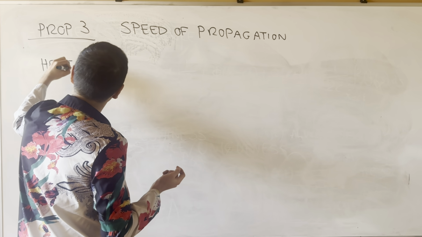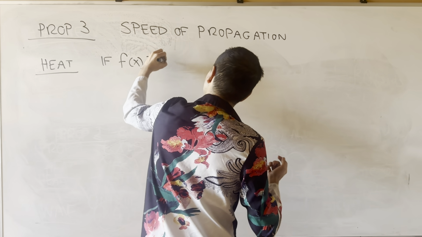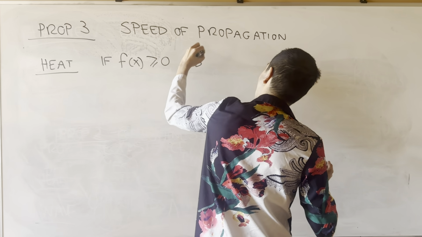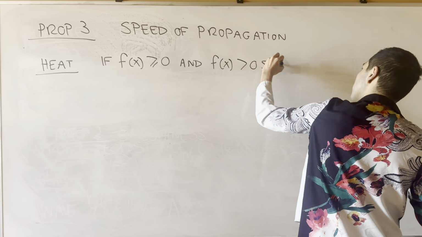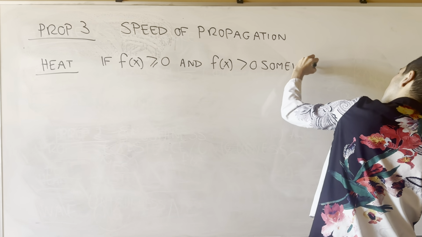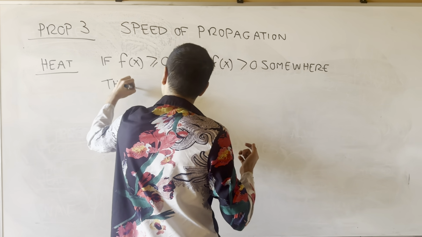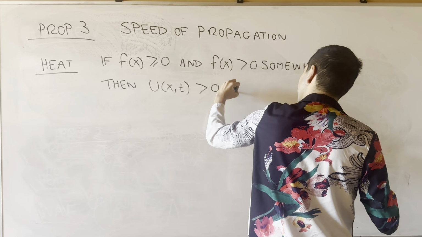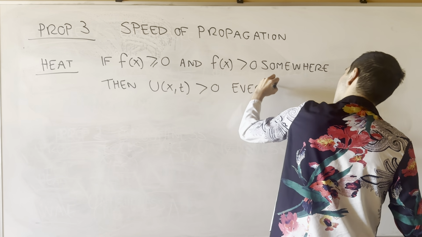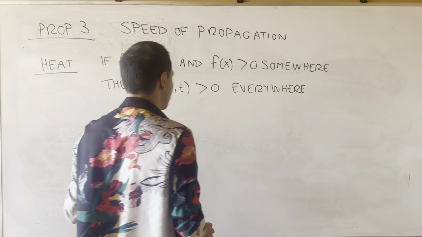So once again, for the heat equation, if f(x) is greater or equal to 0, and the initial condition is positive somewhere, then the solution, in fact, is positive everywhere, at least for positive time.